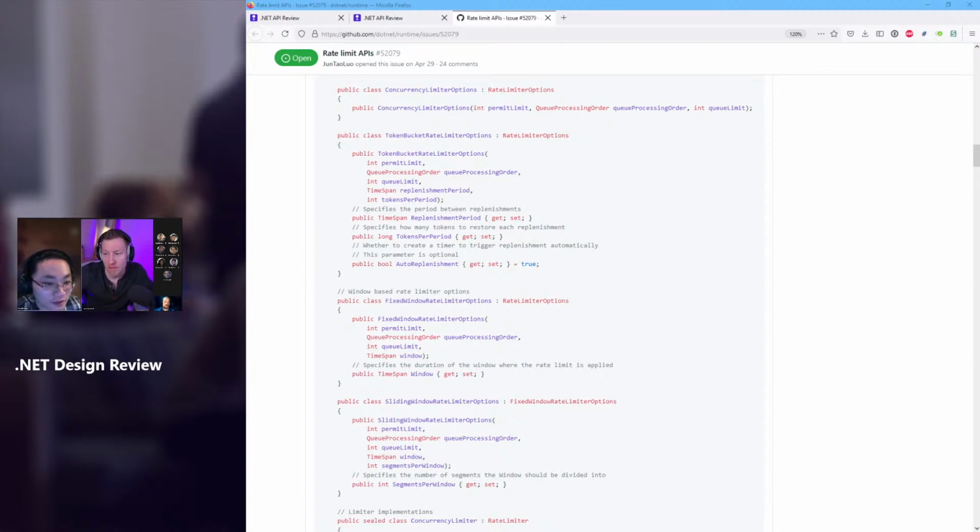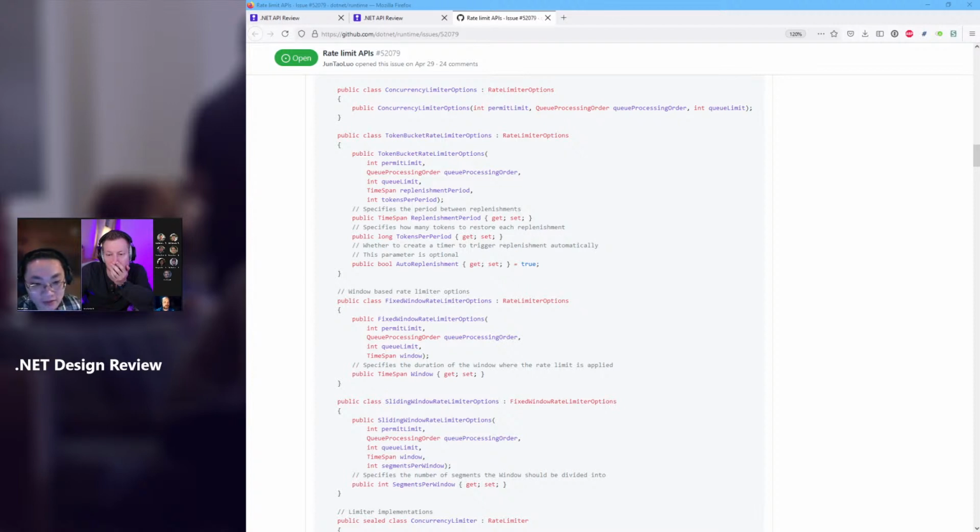Anyways, I think I'll move on to the actual settings for token bucket rate limiter options. Okay. So yeah, the permit limit, queue limit, and queue processing order, we've kind of already mentioned those. The three new things are, one is a replenishment period.